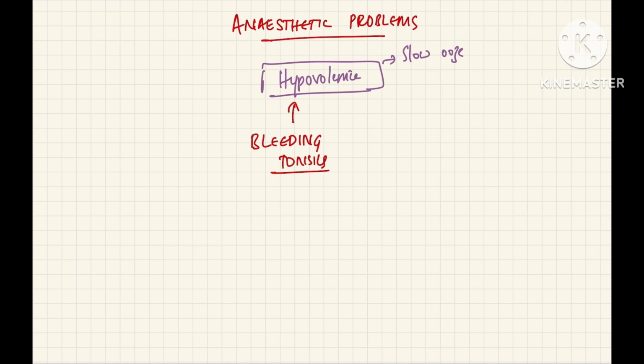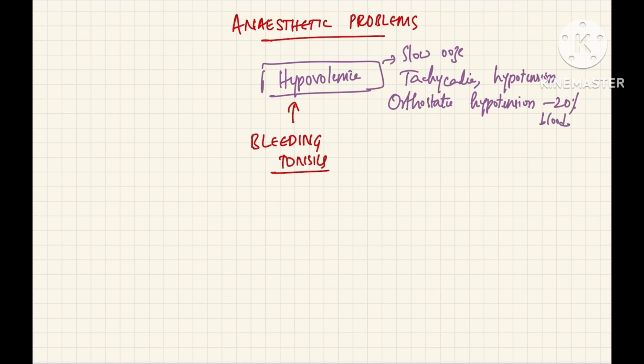So, by the time we identify this bleeding tonsil, there will be hypovolemia with tachycardia and hypotension. There will be orthostatic hypotension when 20% of the blood is lost.